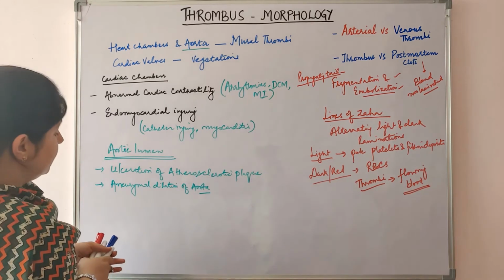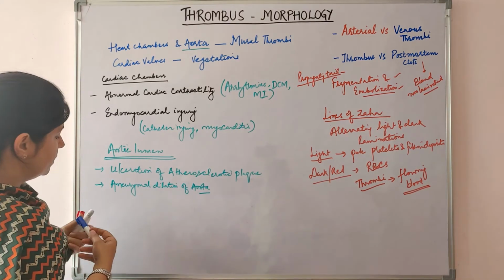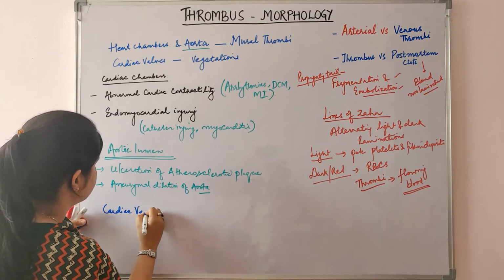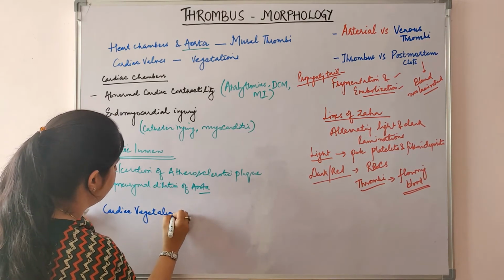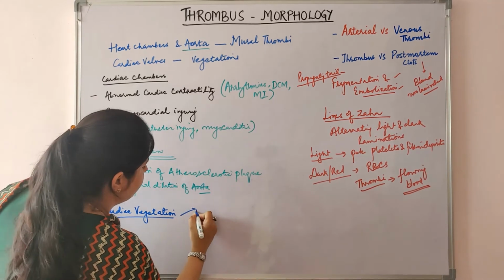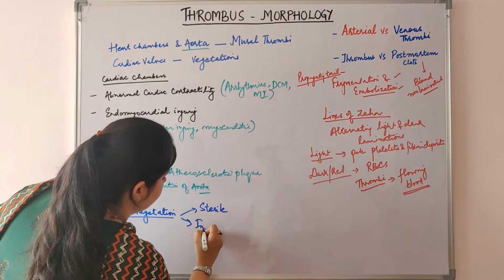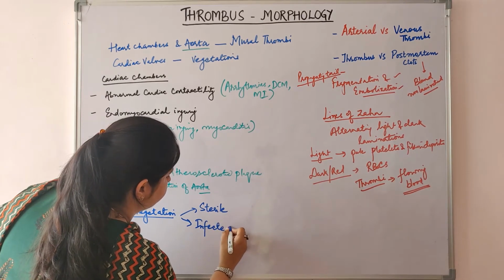Now next is vegetations, cardiac vegetations. These can be sterile or infected.